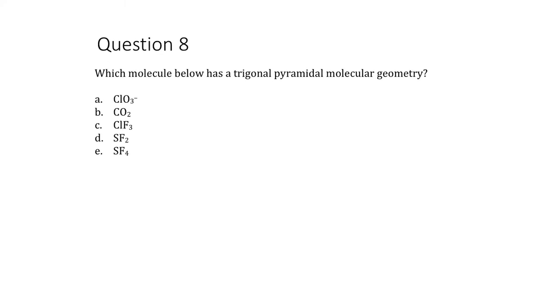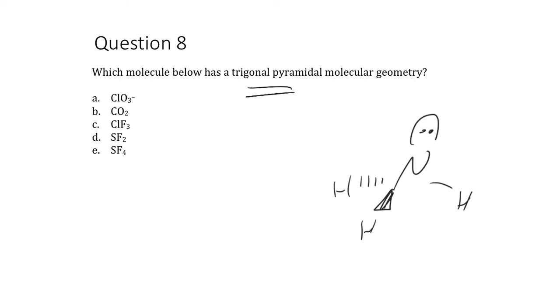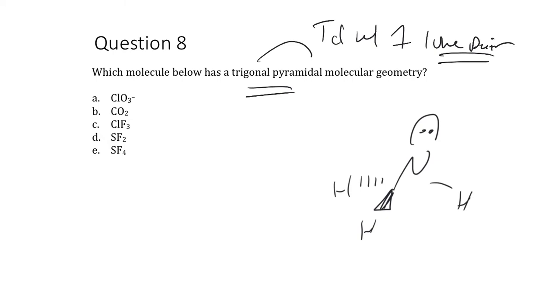Which molecule has a trigonal pyramidal geometry? So trigonal pyramidal geometry is where we get something like, say, for ammonia, it's like we were tetrahedral in our domain, but we had one pair of electrons. So one of the lone pairs takes a spot in tetrahedral, and then we get this triangle that's in a pyramid.